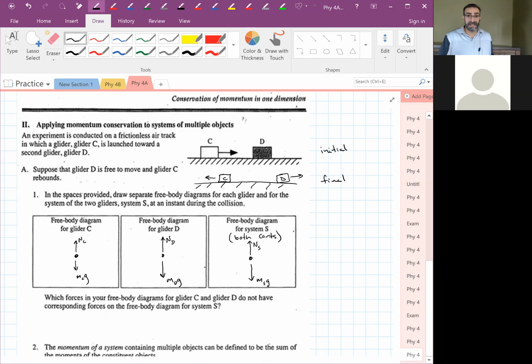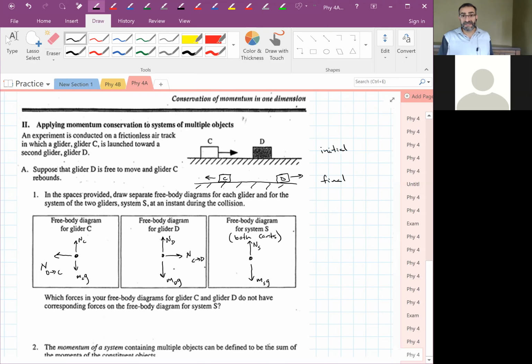So we've already done one of these, right? When C collides with D, D pushes back on C. So we're going to get a force in this direction. What are we calling that? We could call it a normal force. I just called it an F, a force, last time, but whatever you want to call it, there's a force here. How about for the system?